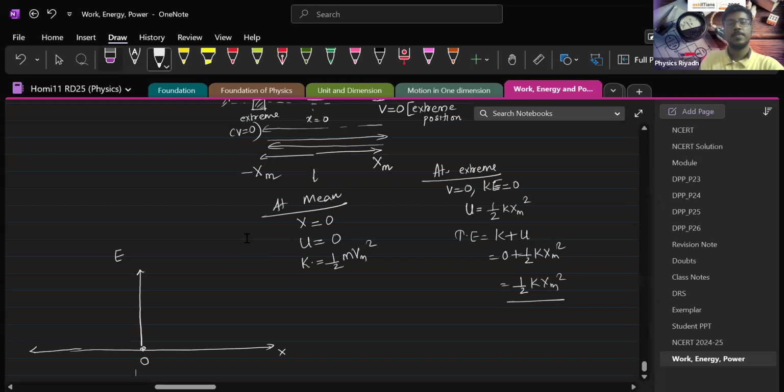At mean position, which energy is maximum when the spring is moving back and forth? Kinetic energy is maximum. So we can say this is the maximum energy it is having, and that is equal to the kinetic energy. At the extreme positions, minus xm and plus xm, it is zero. So we can see the graph looks like this.